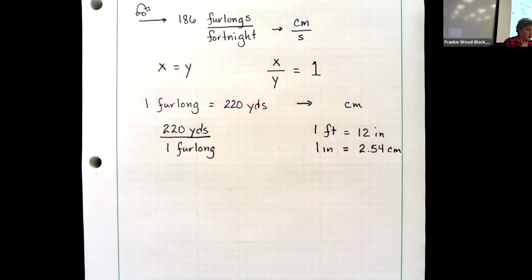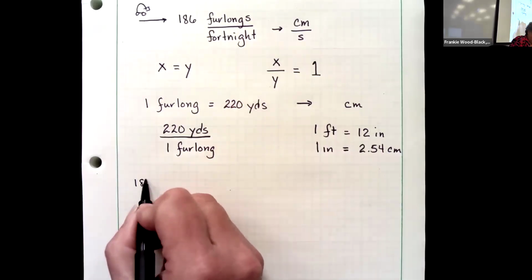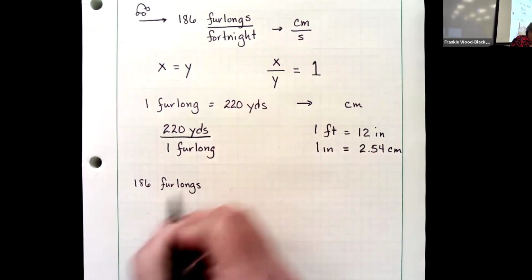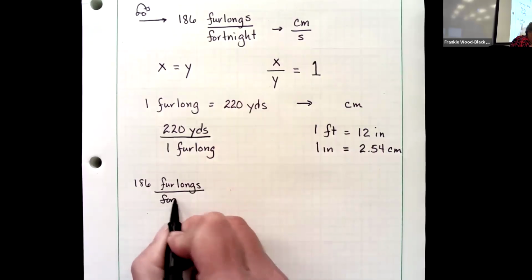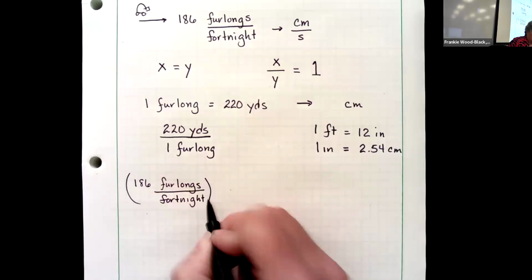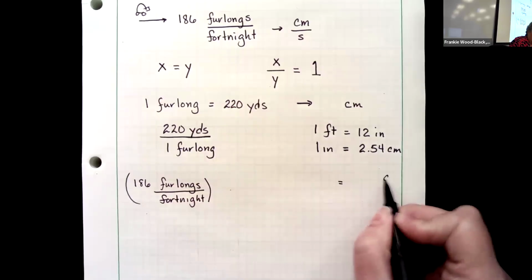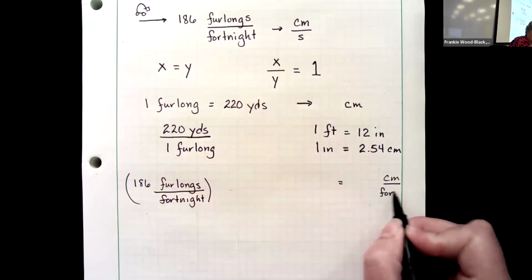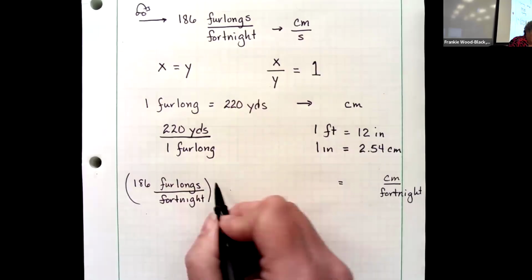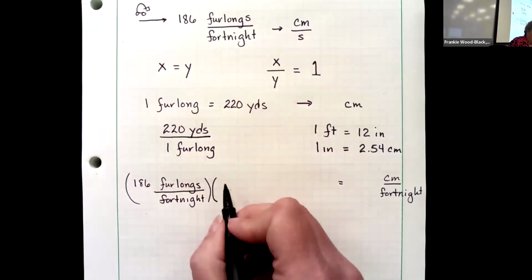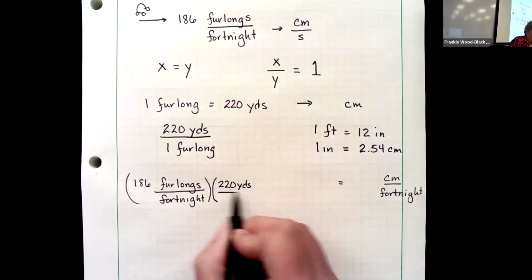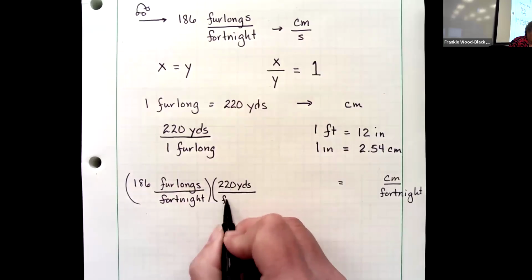So I'm going to go ahead and convert our 186 furlongs per fortnight, and I'm going to do it so that I end up in centimeters per fortnight. And that's where I'm going to end up. So I'm going to put my 220 yards per furlong.